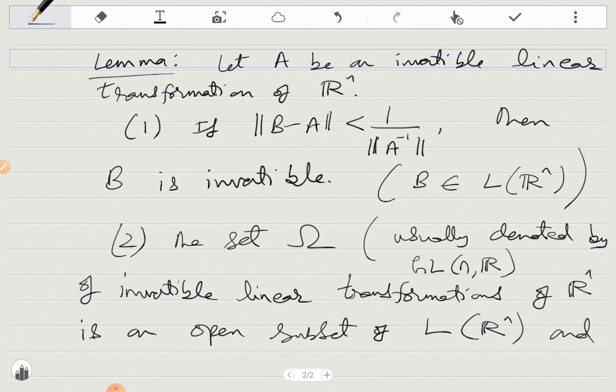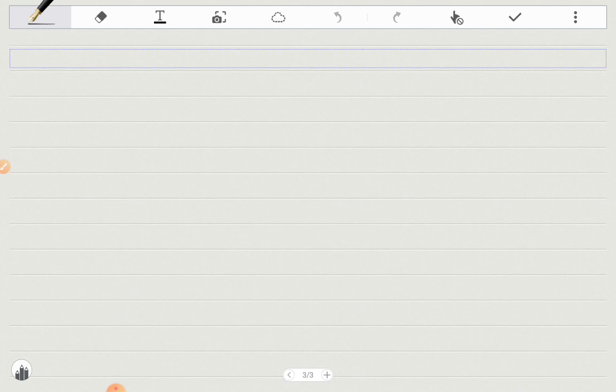And we can define a map from omega to omega, from the set of invertible linear transformations back to itself, by just taking the inverse. This map is continuous.